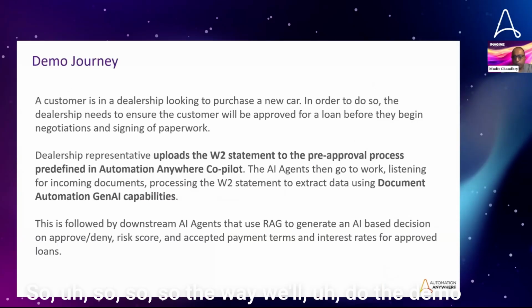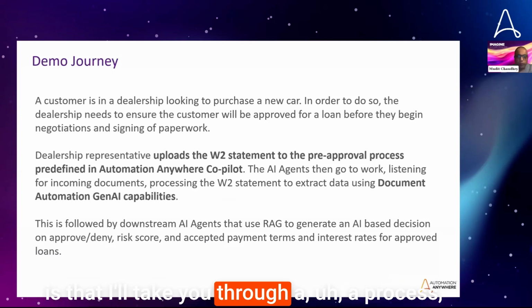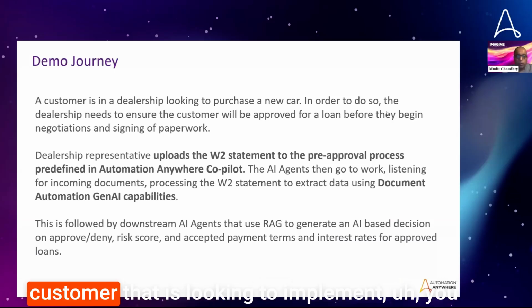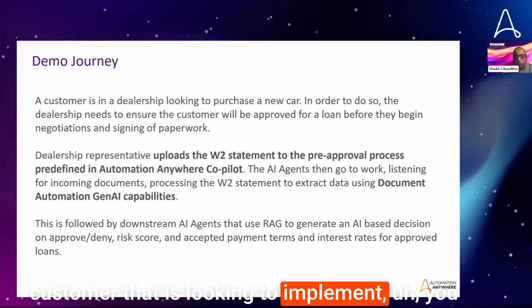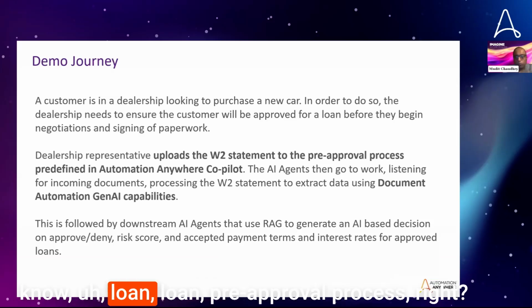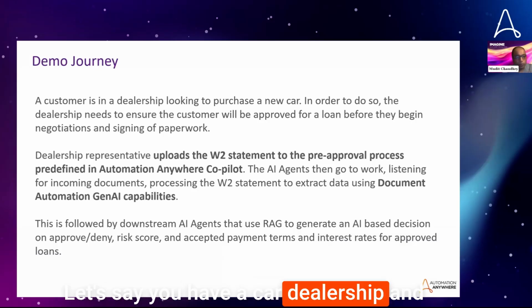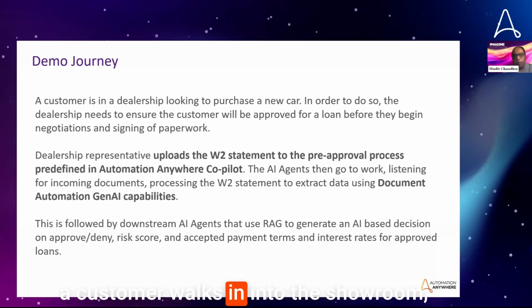The way we'll do the demo is that I'll take you through an end-to-end process for a specific customer that is looking to implement a loan pre-approval process. This is a scenario: let's say you have a car dealership and a customer walks into the showroom.